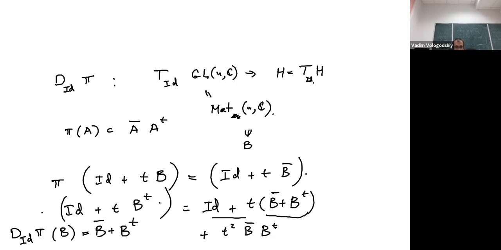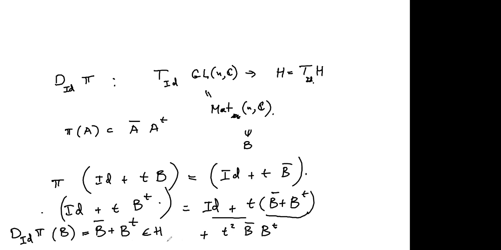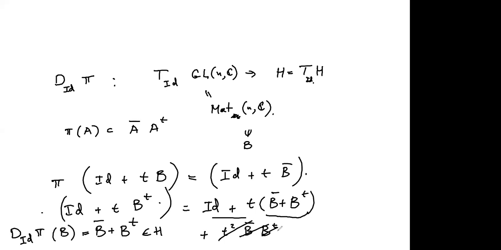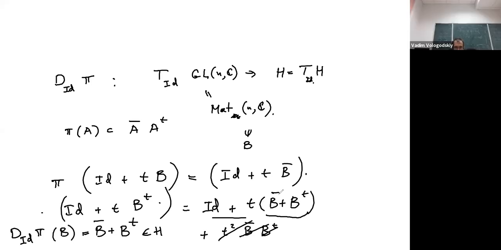This is a Hermitian matrix. This is still in H. Agree? I'm talking about the plus t squared term, this matrix. Sorry, I want to remove this. When you remove this, the path, which is the image of pi of t, is identity plus this, and both matrices are Hermitian matrices. Agree?